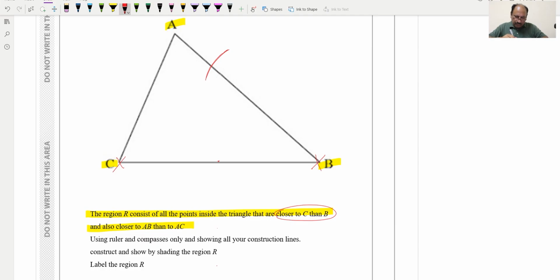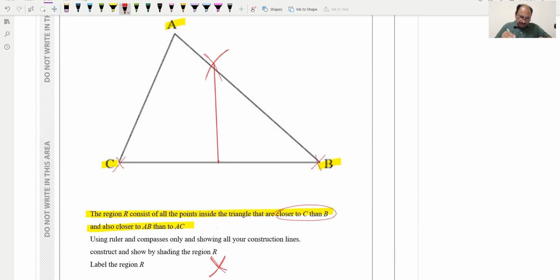I'm just roughly showing you the possibility. Then we place our compass at C and draw another arc over here, and similarly another arc on this side, and then we draw the bisector. This is basically the line bisector which we have drawn.